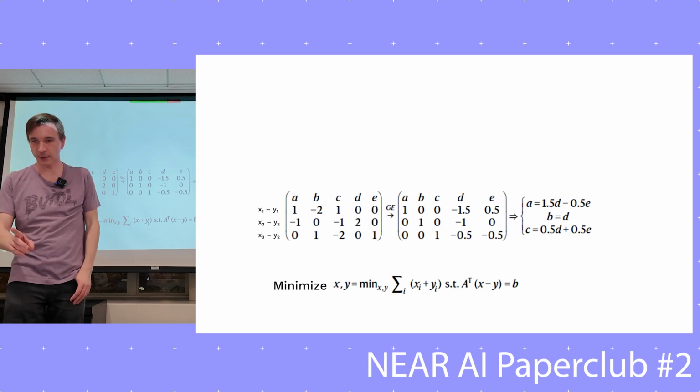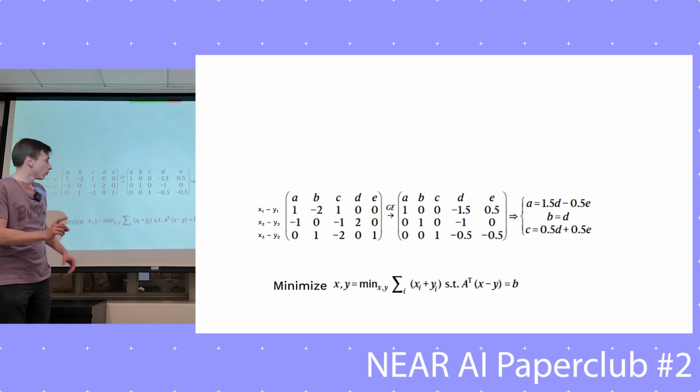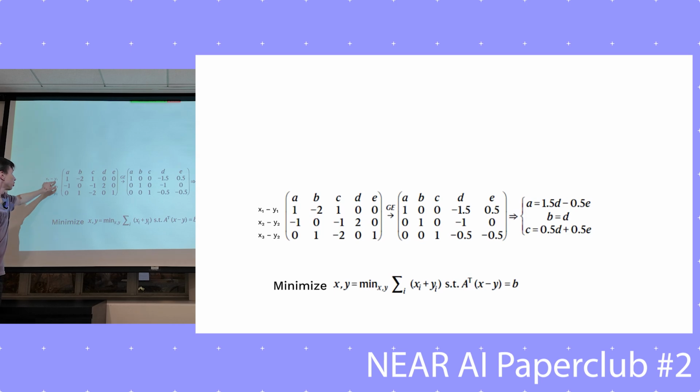Instead, they represent it in a different way. They say instead of representing it as a single value, they will represent it as a difference of 2 numbers, each of which is non-negative. And then they try to minimize the sum of those non-negative numbers, such that multiplying this vector by this matrix gives you the statement you want, right?